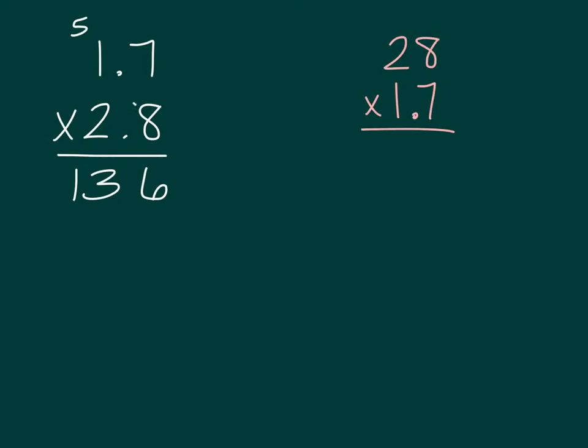And I'm done with my 8, done with my 5. I'm going to put my 0 here as I go over to the 2. And then I'm going to do 2 times 7 and then 2 times 1. 2 times 7 is 14. 2 times 1 is 2, plus 1 is 3.